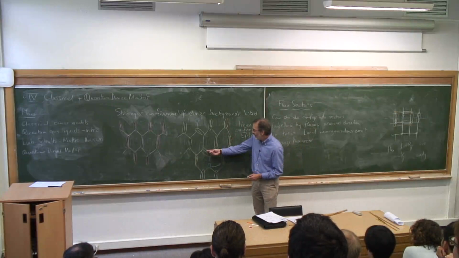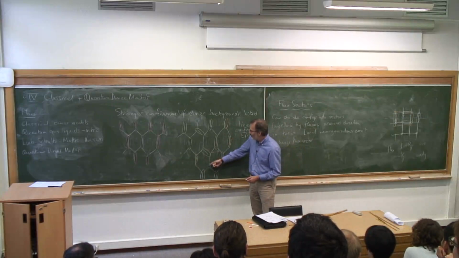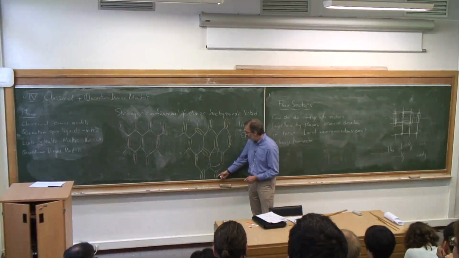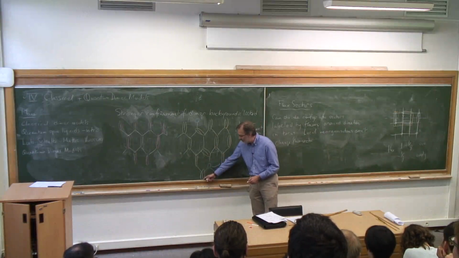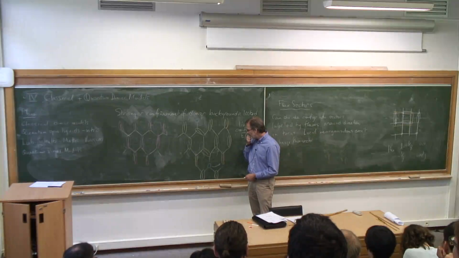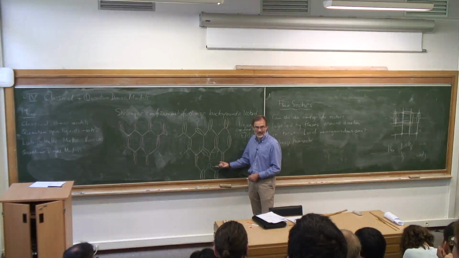If I flip this one, then obviously I move the monomer to that site. If I flip this one, I move the monomer down to the bottom right. And if I flip this, I move it to the bottom left. So I'd need some more complicated reorganization to get it to here.